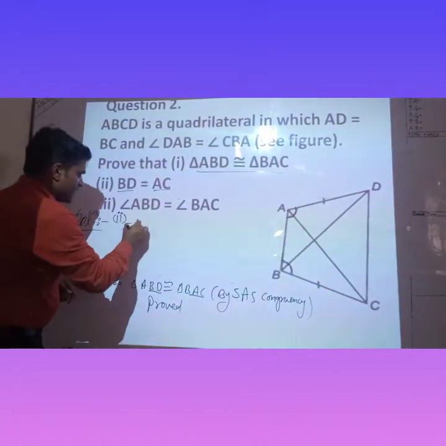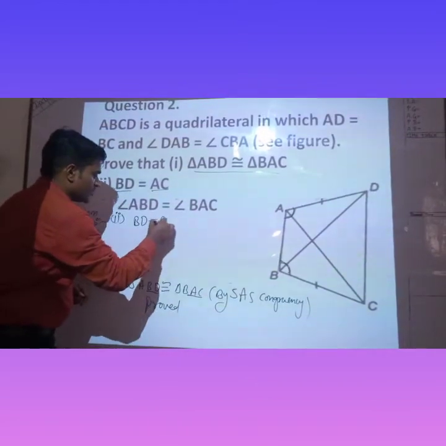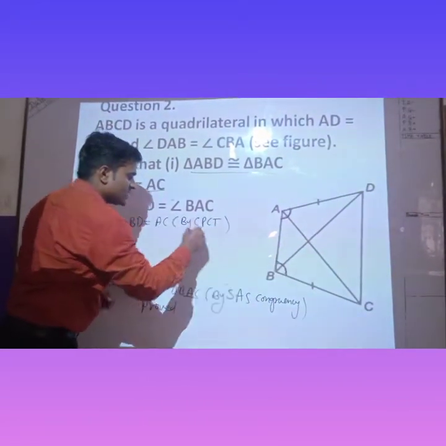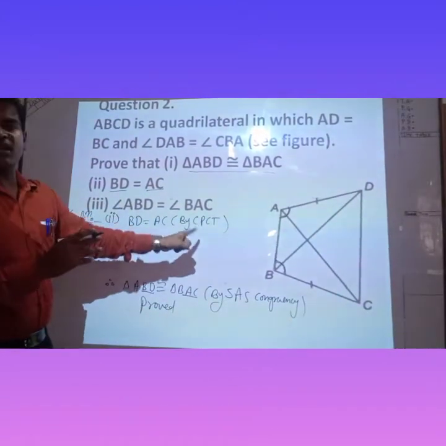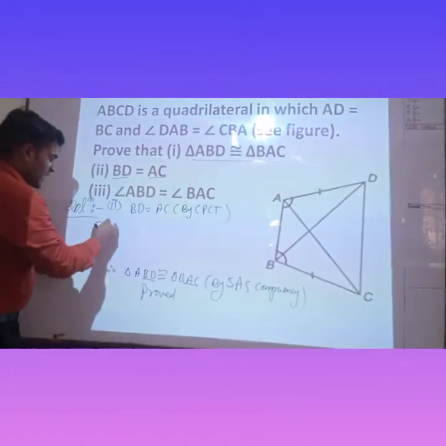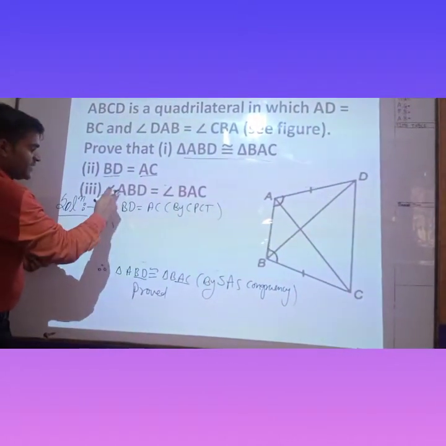So you write there BD is equal to AC by CPCT, meaning it is also a corresponding part of congruent triangles. That's why both sides are equal. And third one, their angle ABD.